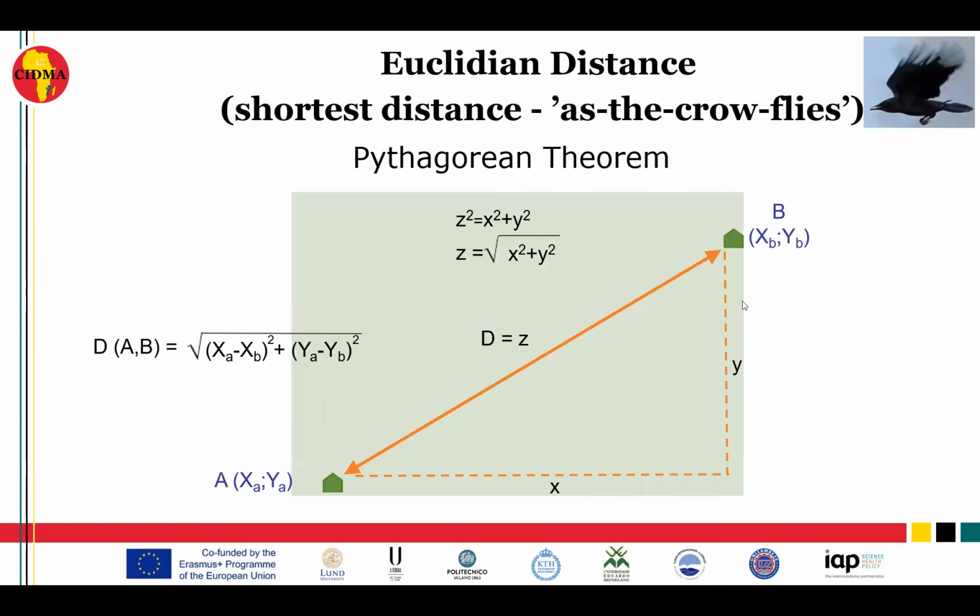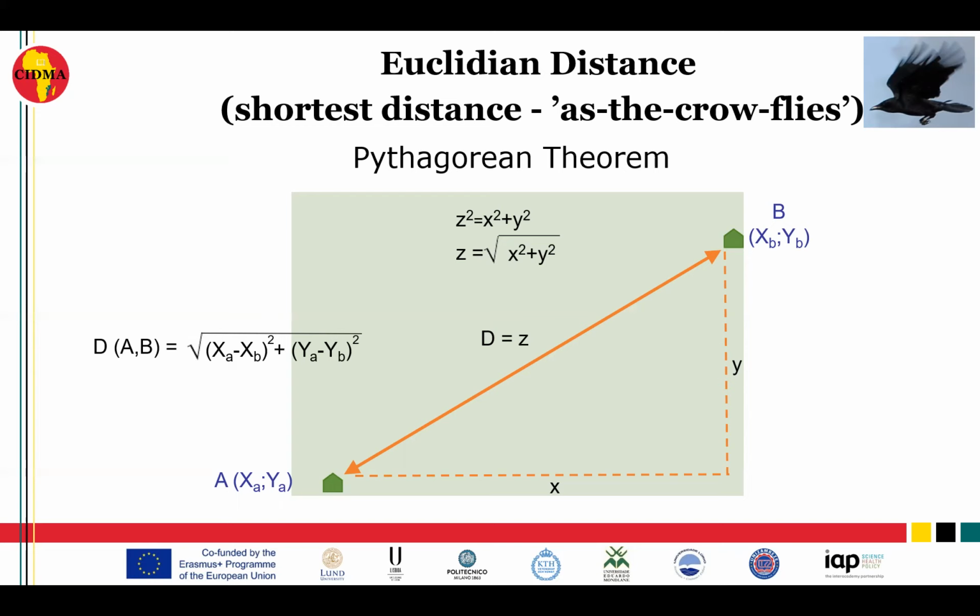So the Euclidean distance, the shortest distance between 2 points, is solved through the Pythagorean theorem that is very useful in this case, where we have a right-angled triangle between 2 points.